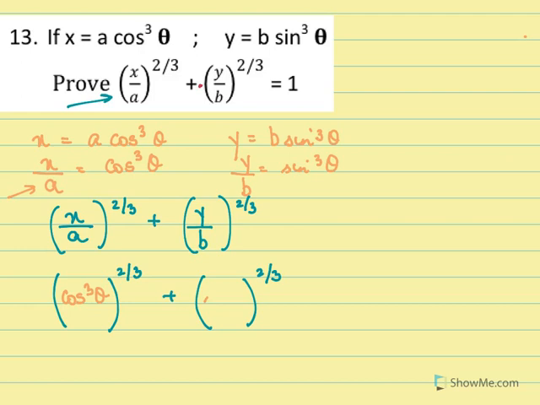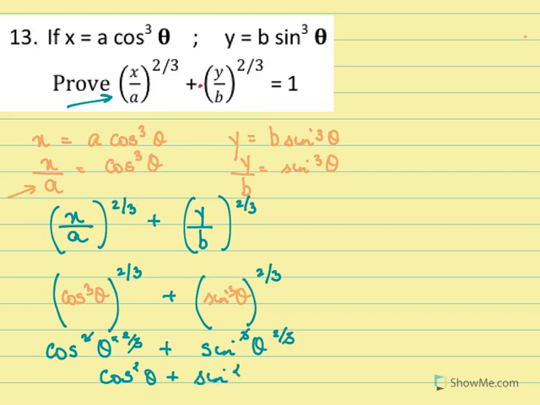Y over b is sine cube theta, and once we open the bracket, you have cos cube theta into 2 by 3 plus sine cube theta 2 by 3. So the 3 cancels. You have cos square theta plus sine square theta, and that is equal to 1. Proved.